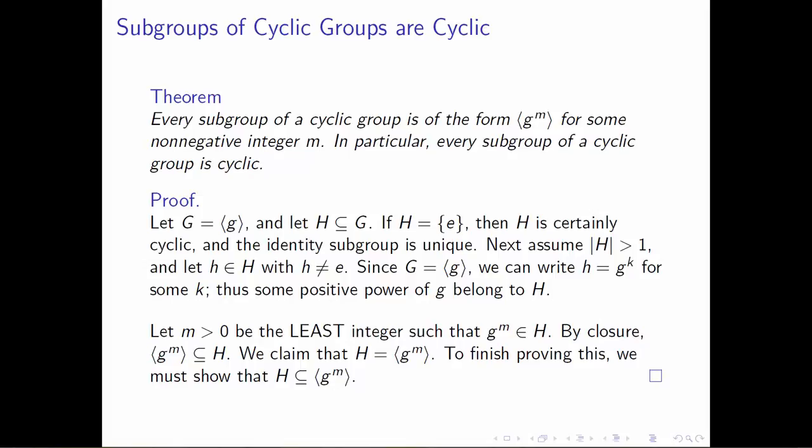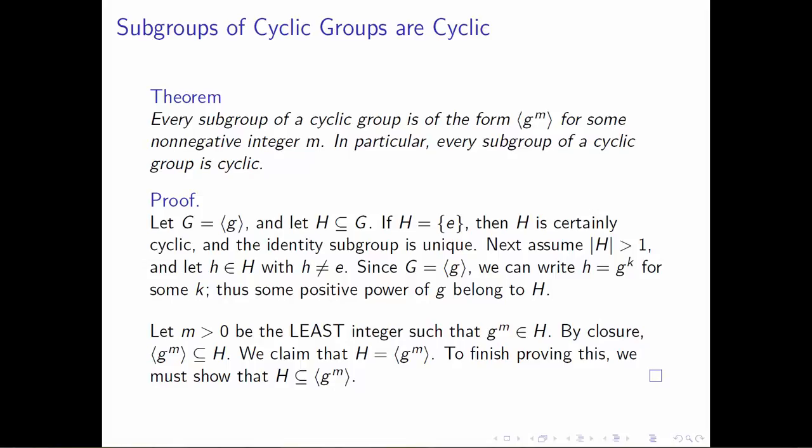So it turns out that if you take m to be a number strictly larger than 0, and you take it to be the least integer with the property that g to the mth power belongs to H, then what turns out to happen is that that element, g to the m, is the generator for this group H, and that must be proven.